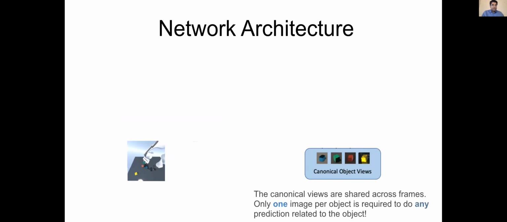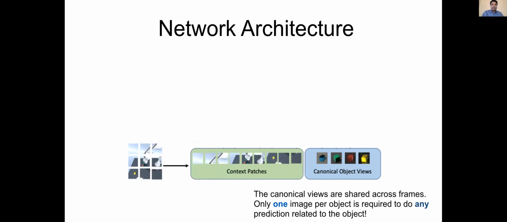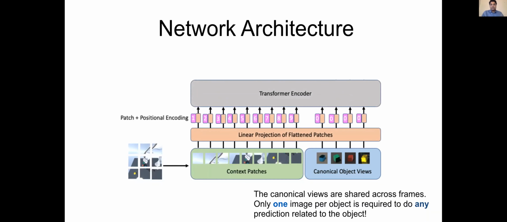SORNet first splits the input frame into context patches and concatenates them with the canonical object views. The sequence of image patches is then linearly projected and flattened into a sequence of vectors. This sequence is added with positional encoding and passed through a multi-layer, multi-headed transformer.